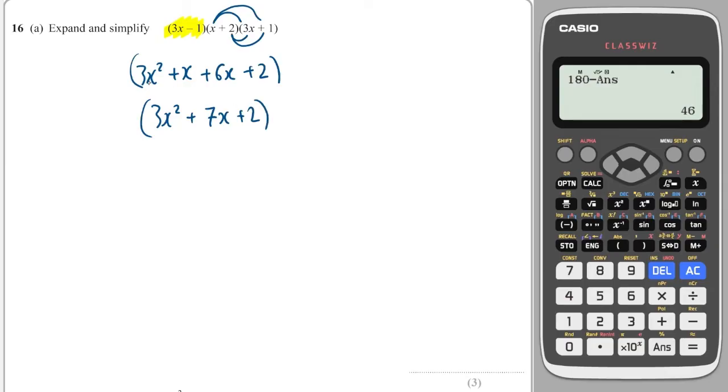And then I can bring back my 3x minus 1, and we can multiply along.